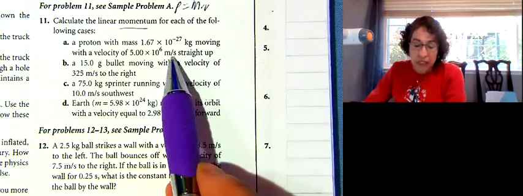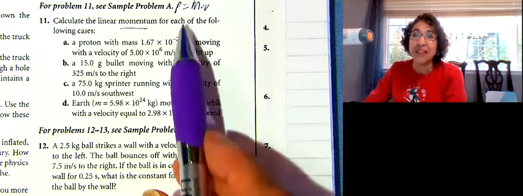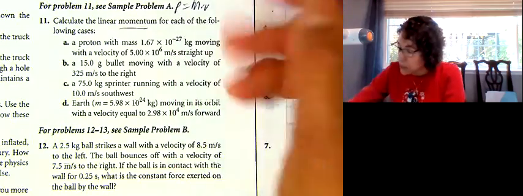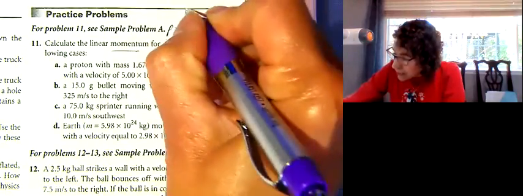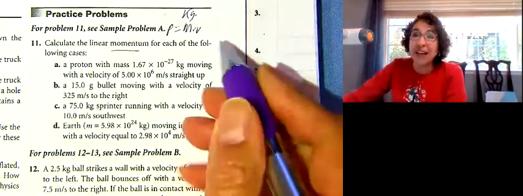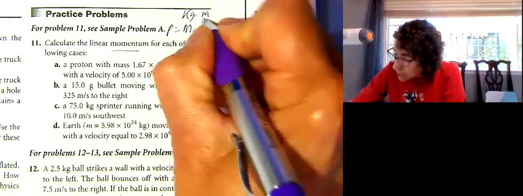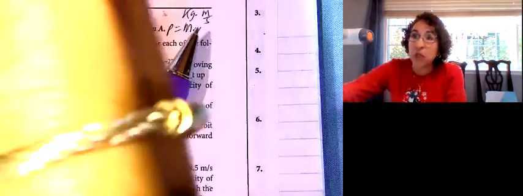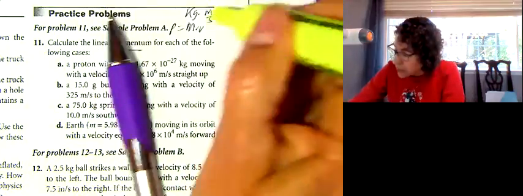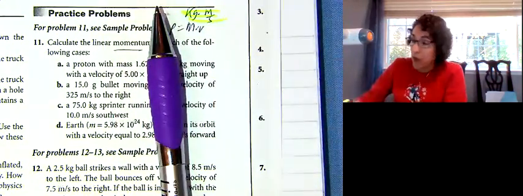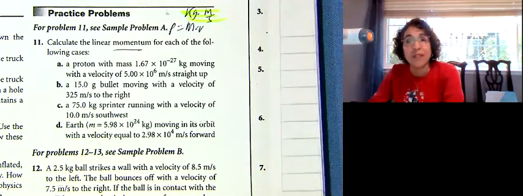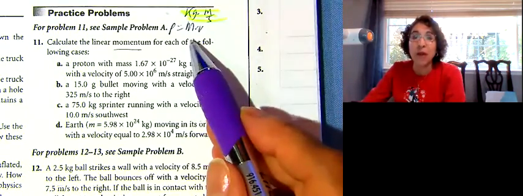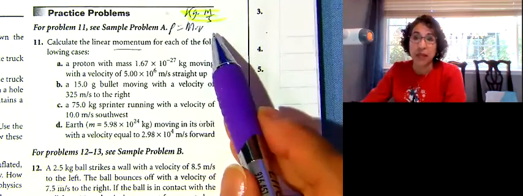The only thing you really need to know about these problems is the units for momentum: mass in kilograms times velocity in meters per second. Newton, by the way, is kilograms times meter per second squared, but for momentum it's just kilograms meter per second.